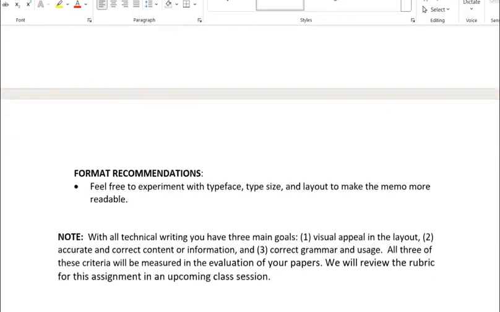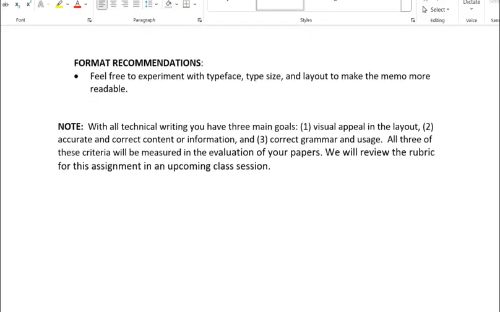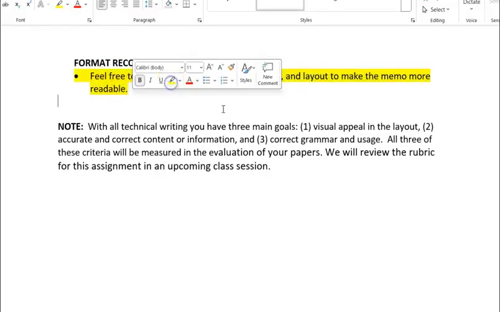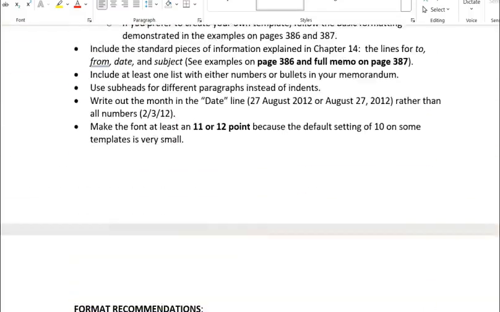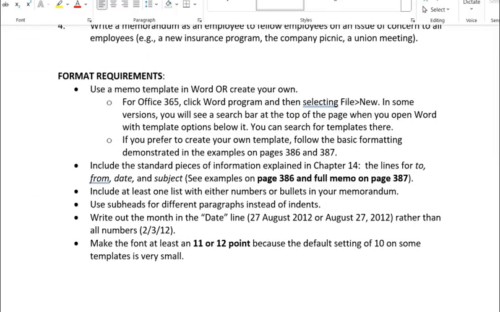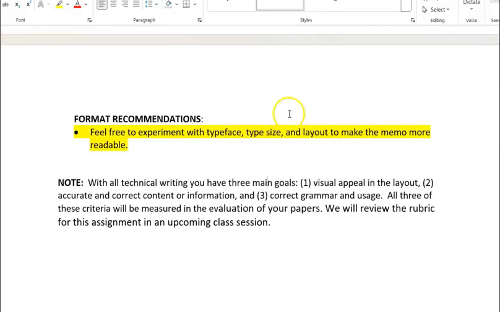One small note about format that is actually a recommendation and not a requirement. This is on the top of the second page of the assignment sheet. And that is outside of the required elements, which are here in this bullet pointed list, you are more than welcome to experiment with typeface, type size, and layout to make the memo more readable.